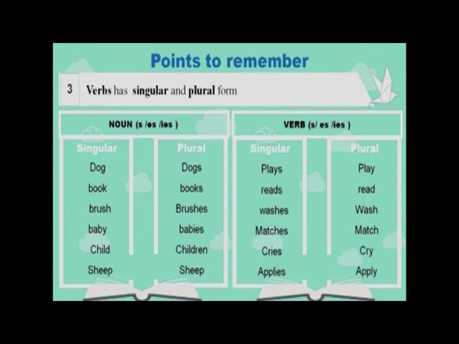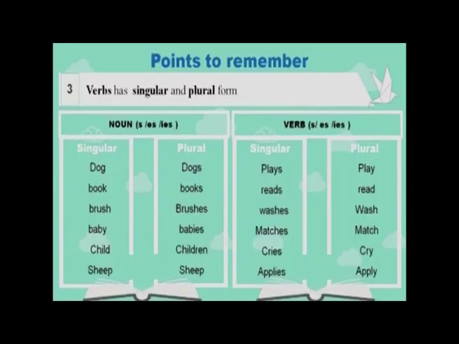Look at the letter just before y. B is a consonant. In this case, when we change baby into plural form, we remove y and substitute it with ies. Did you get it? So it becomes babies.